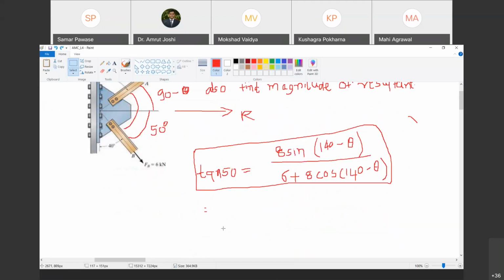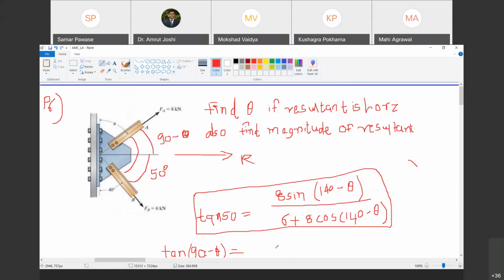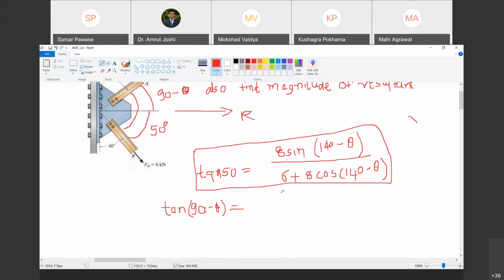Can you tell me? Tan 90 minus theta, how much is that? Tell me. It is 6 sine 140 minus theta.